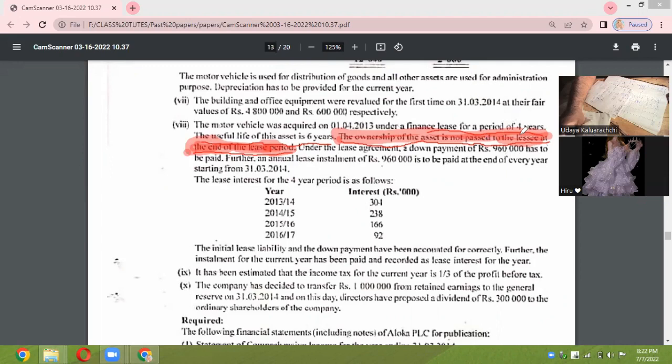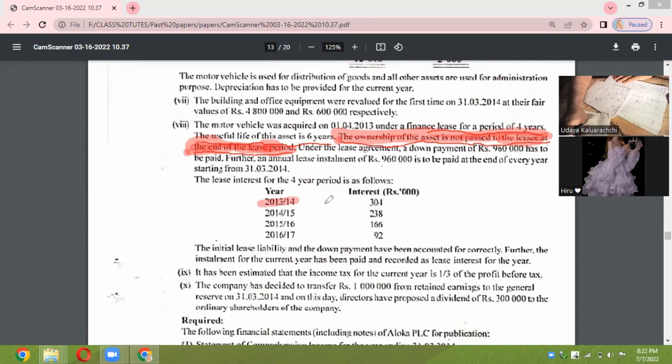Under the lease agreement, a down payment of 960 has to be paid. Further, an annual lease installment 900 is to be paid at the end of every year, starting from March 31st, 2014. Then the lease interest for the 4-year period is as follows.